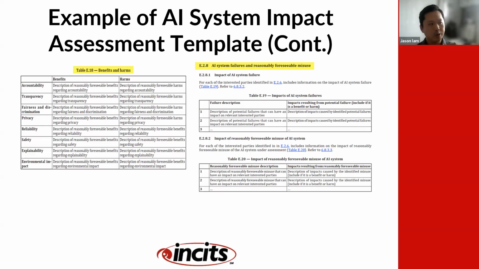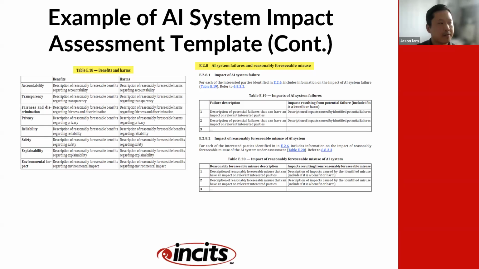Please note that what's being shown is not an exhaustive list, but it allows organizations to consider these common objectives as it relates to the risks related to the use of AI systems.